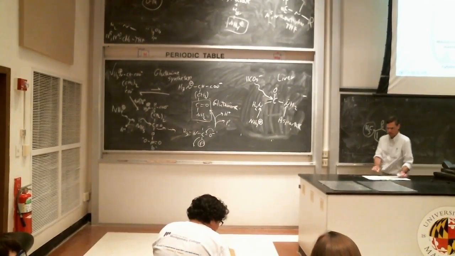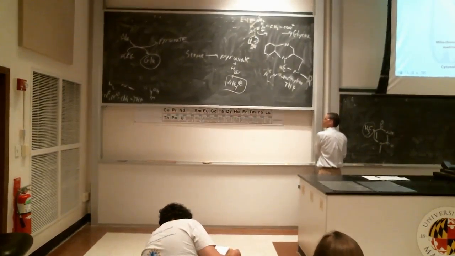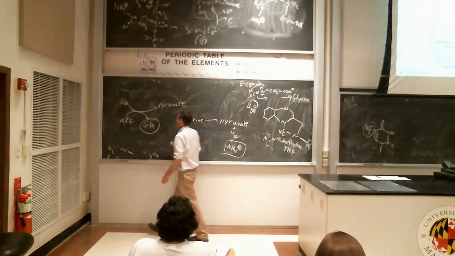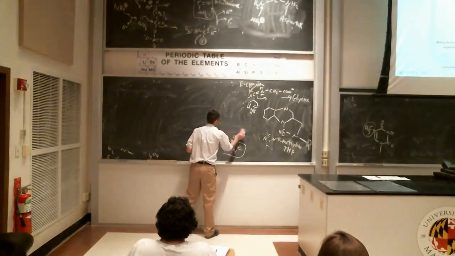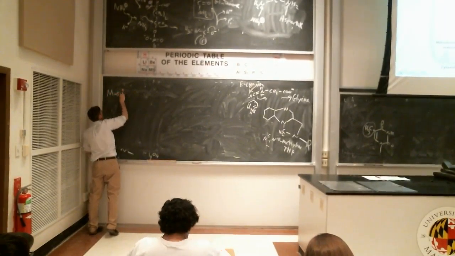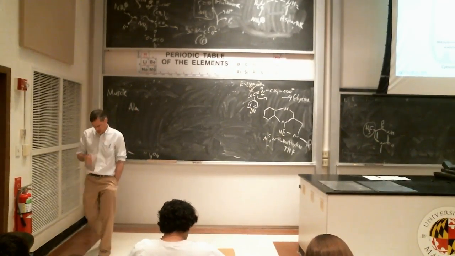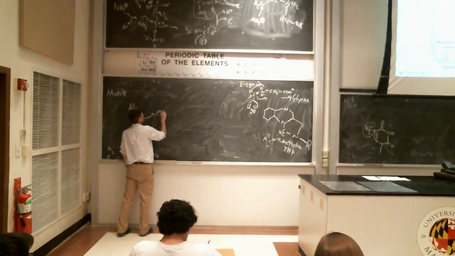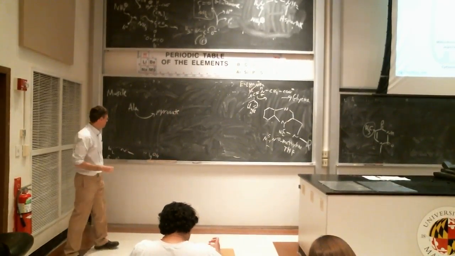So in a muscle cell, the muscle might want to make pyruvate from alanine so that it can then oxidize the pyruvate and generate energy.